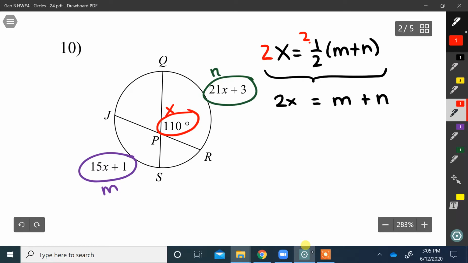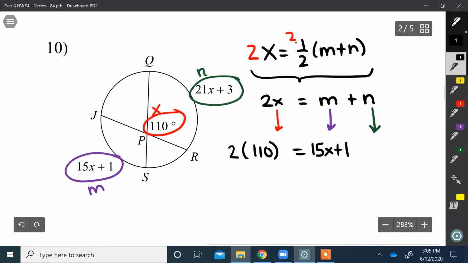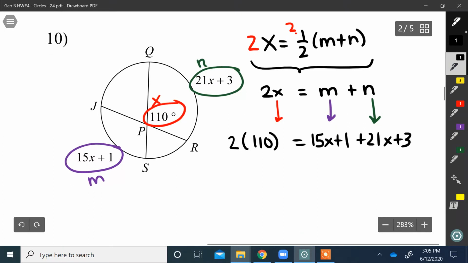So let's start with x. X is the red circle, so 2 times 110 is equal to m. M in this case is 15x plus 1. And then n, which is the green, is going to be 21x plus 3.